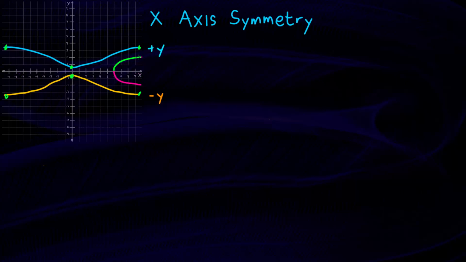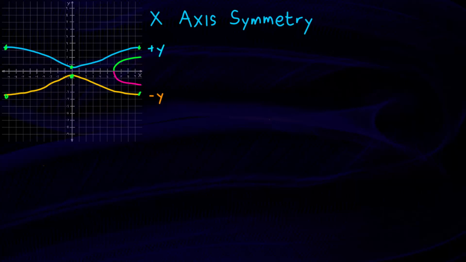The green's the original. Is the purple one a symmetric version of this across the x-axis? So go ahead and pause the video, and you're going to get the answer in 3, 2, 1. So in this case, yes, this one is also symmetric, okay? Because the positive y values are basically the same as the negative y values for any given x.